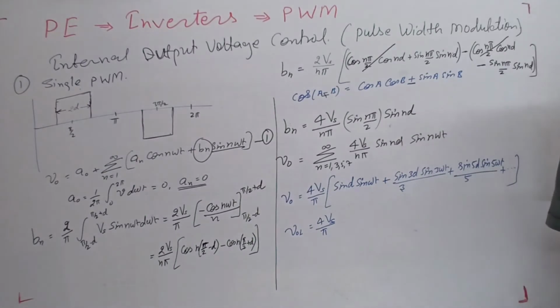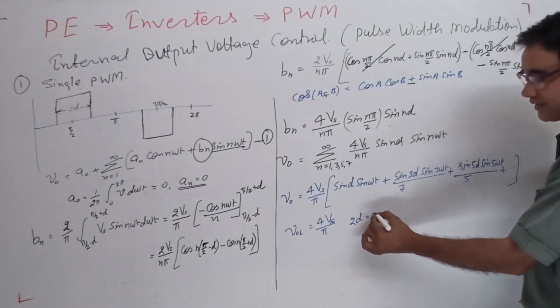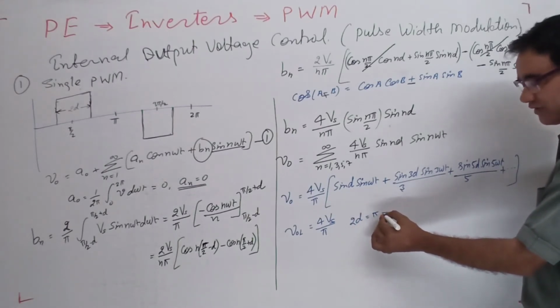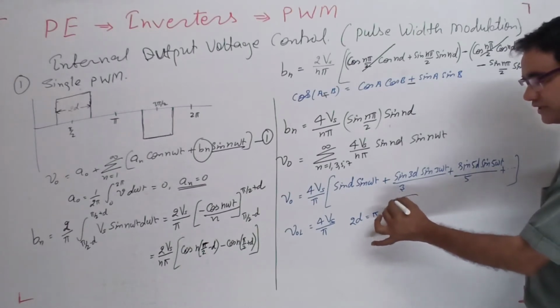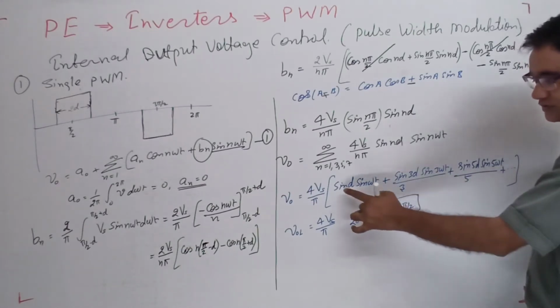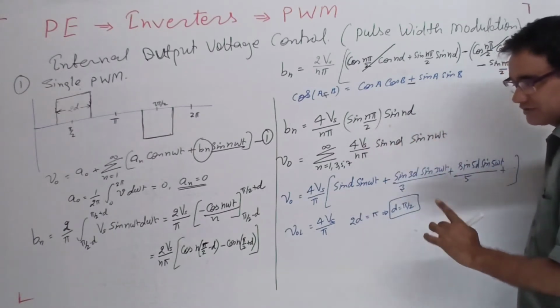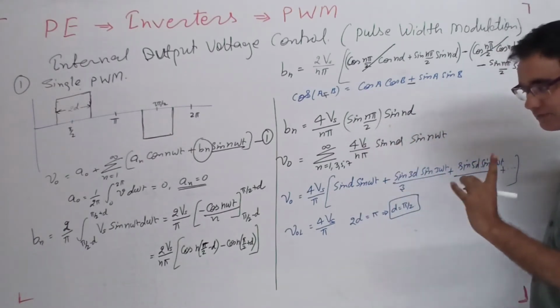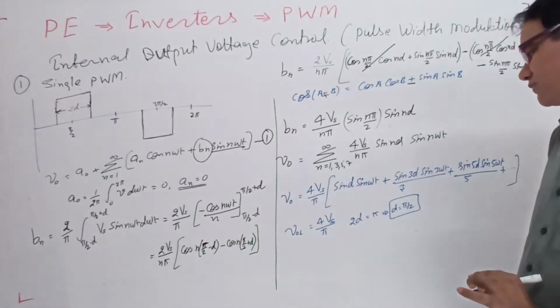This is the maximum possible value, reached when 2d is equal to pi. Therefore, d is equal to pi by 2. For d equal to pi by 2, sin d is 1, so that is the maximum possible fundamental value.